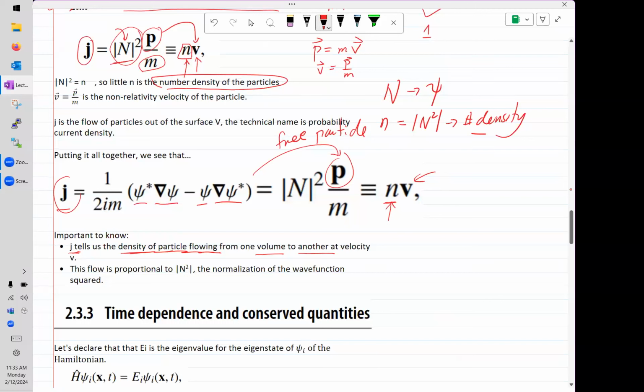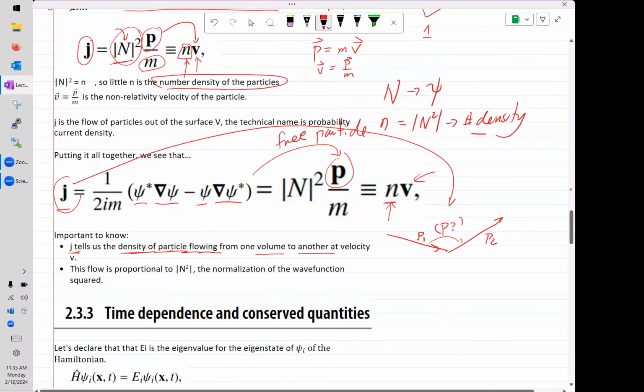And this is going to be important when we calculate this thing called the transition amplitude, where we're trying to figure out, if you have some particle coming in with some four-momentum P1, what is the probability for it to change to have momentum P2? That's what we're trying to figure out, and this J is going to be related to that.